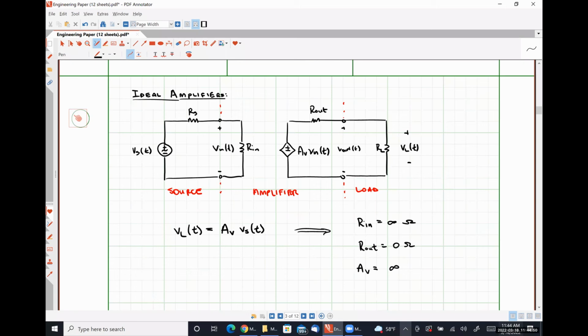So these are our ideal op-amp parameters. We are going to reanalyze that same circuit using these ideal op-amp parameters, make a couple of observations that will exactly lead us into our rules for ideal op-amp circuits, as we discussed in circuits 1.